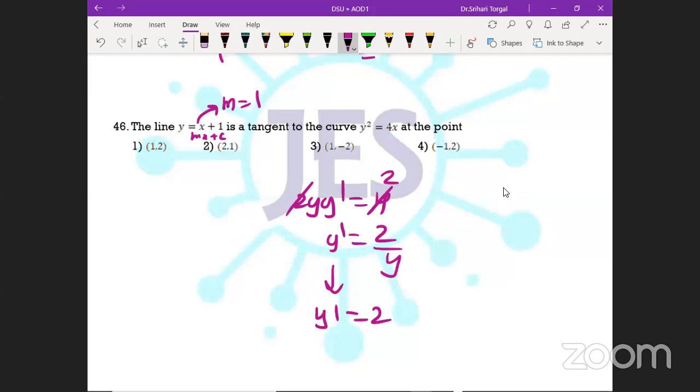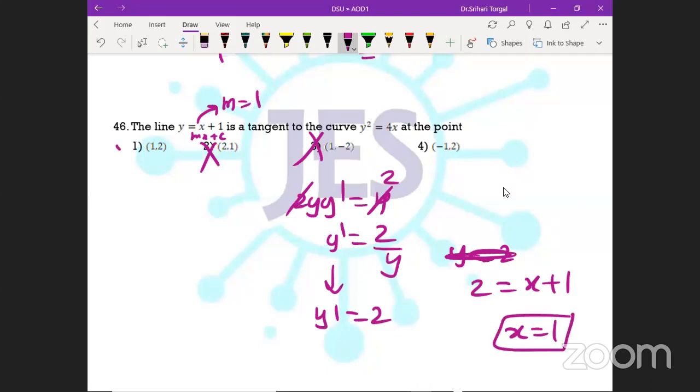If you substitute this y equal to 2 in the given equation, that is y equal to x plus 1, x value will be 1. 1 comma 2. Option 1 is the right answer. Got it? Yeah. Now.